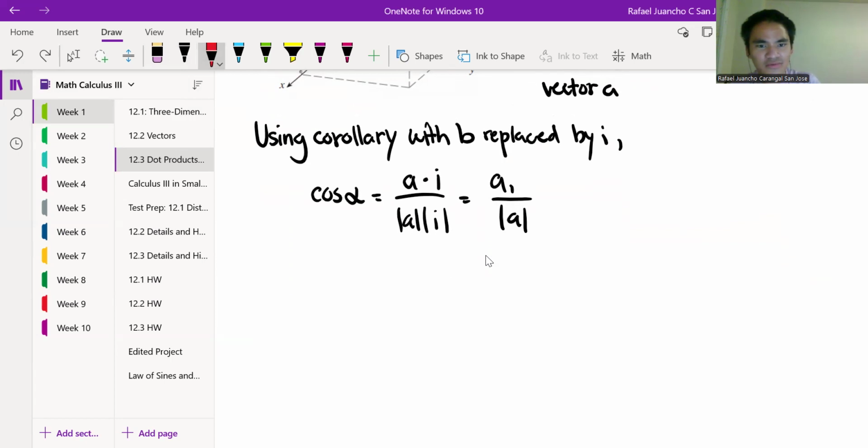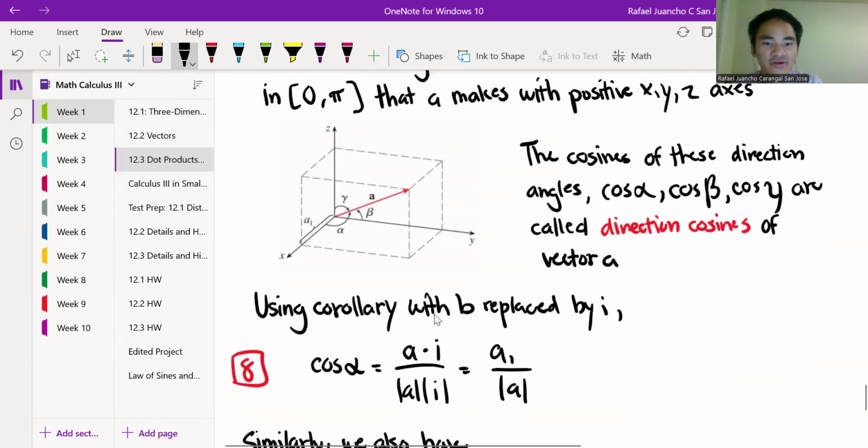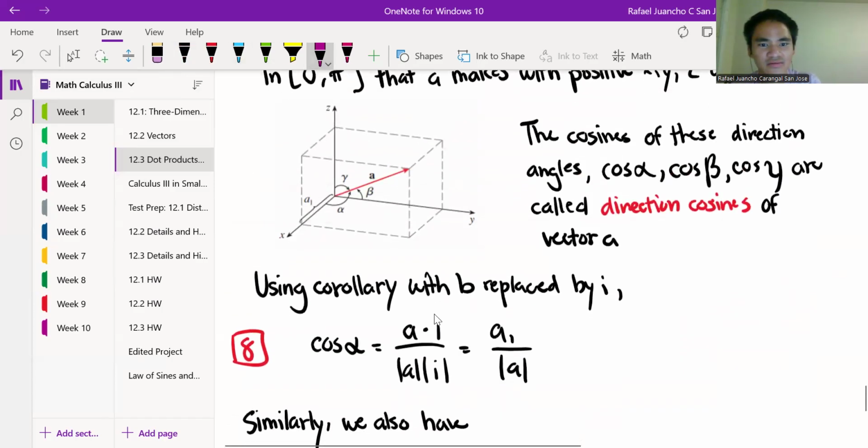And we're putting numbers here, apparently. Okay, and then similarly, we also have a 9. Amazing. Oh, so that was for our alpha right here. That whole thing was our alpha.